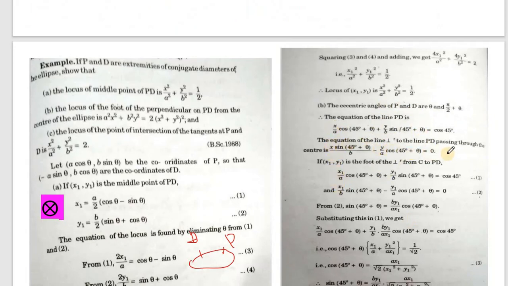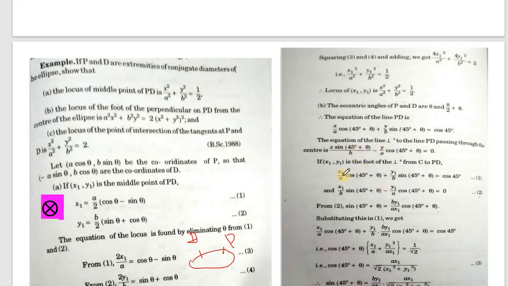The equation of the line perpendicular to the line PD passing through the center. The equation of the line PD you already have, from which you can easily obtain the slope, and you can easily get the equation of the line perpendicular to the line PD.